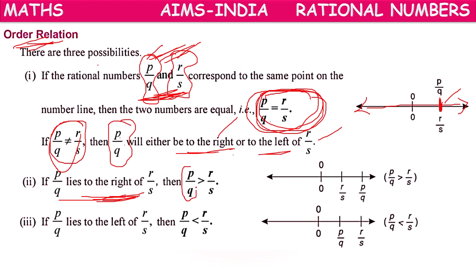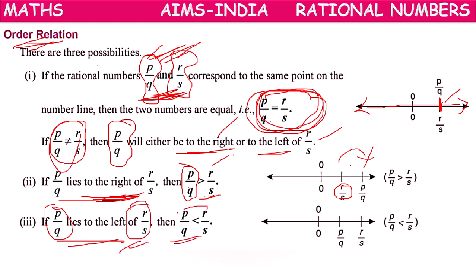If the first rational number is greater than the second, then the first lies to the right of the second. Or P by Q lies to the left of the second one if it is less than the second. In this way, between two rational numbers, any one of these relations is possible on the rational number line: both lie at the same point, or one is to the left or to the right.